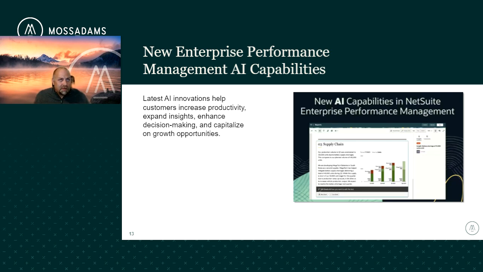It includes NetSuite Planning and Budgeting, NetSuite Account Reconciliation with the close management and consolidation functionality, some corporate tax reporting functionality, and then the AI capability to talk about is the narrative reporting that it's going to start coming with when you are able to do your analysis. And then obviously that helps with the profitability and cost management reporting as well.